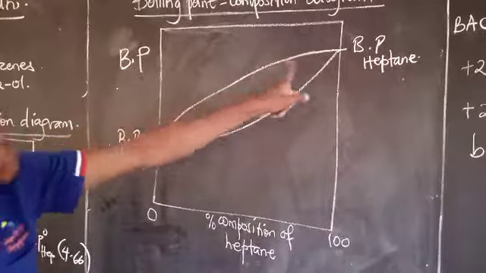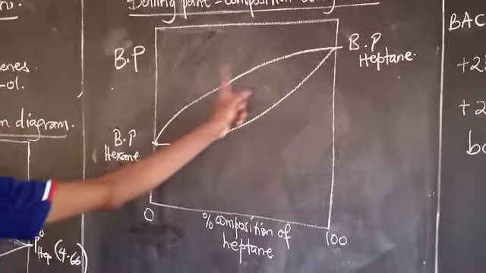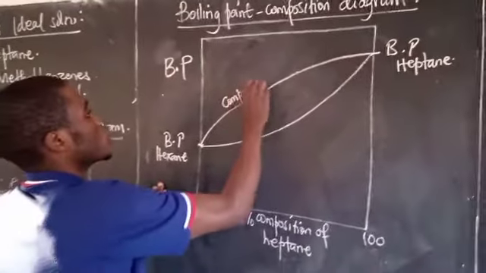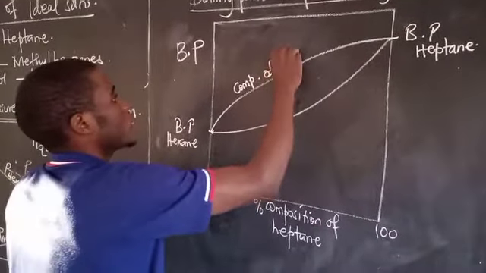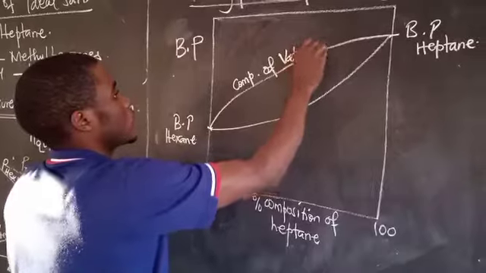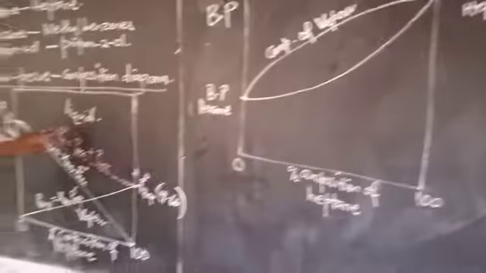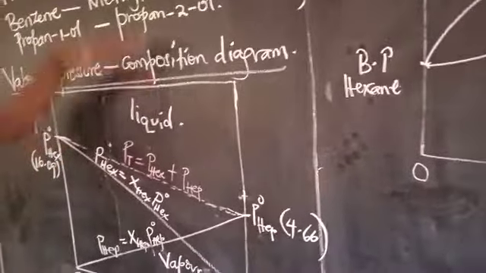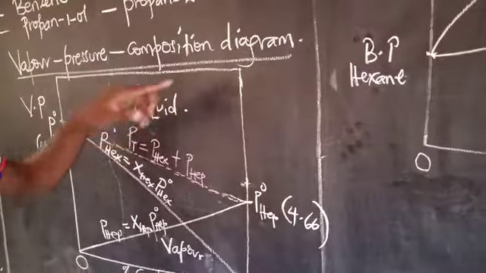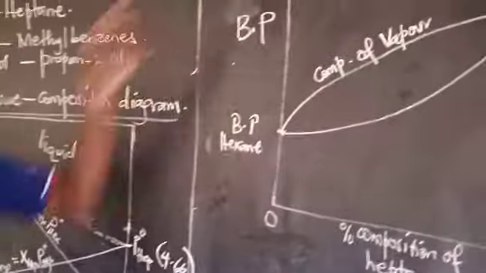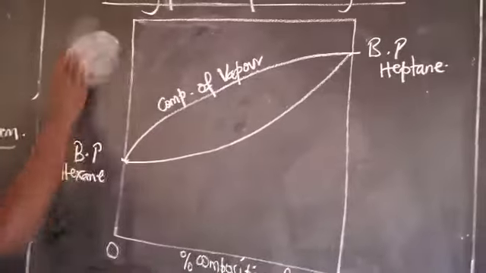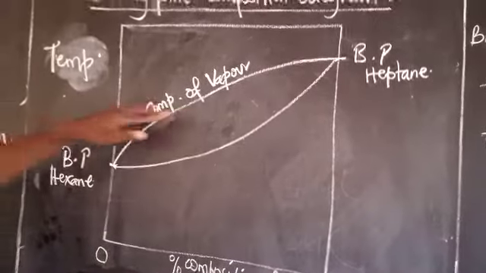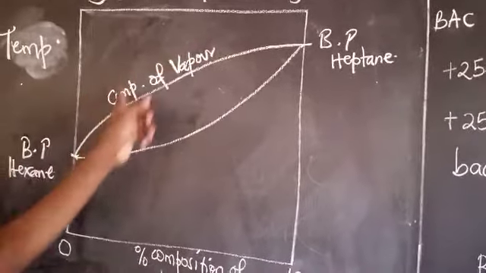The upper curve always is showing the change in the composition of the vapor. It is the opposite of the vapor pressure diagram, where at higher vapor pressure you have a liquid, but at higher temperature, in fact, to be very clear, let me also make this one temperature. At higher temperature, you will always have vapor.